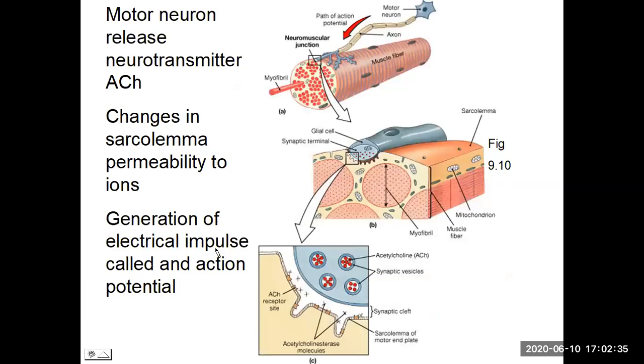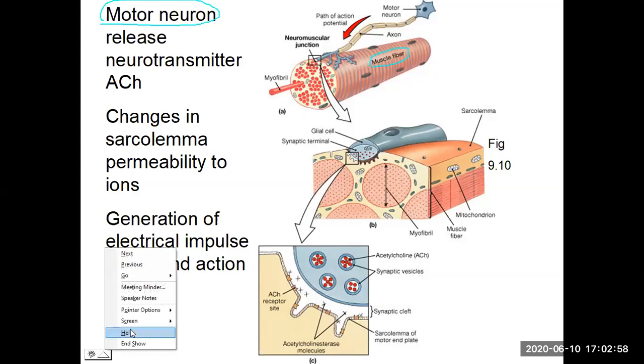So now we're going to take a look at the larger scale view of what's going on here for muscle contraction. In order for a skeletal muscle fiber to begin its contraction, it needs to receive a signal from the nervous system. And this comes via a neuron known as a motor neuron.